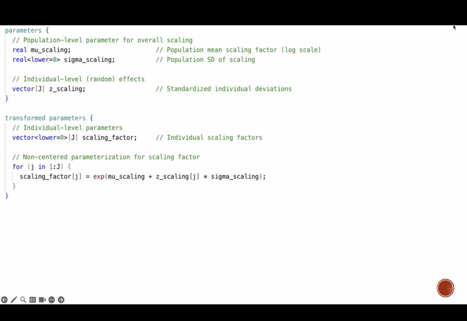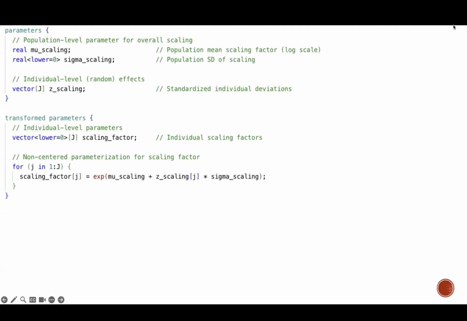We have the sigma, the standard deviation, the average error that we would get if we tried to predict an individual from the population level. And then we have the individual level parameters, which usually we would call the random effects: a vector of a certain length, as many as the participants or agents, called z-scaling.